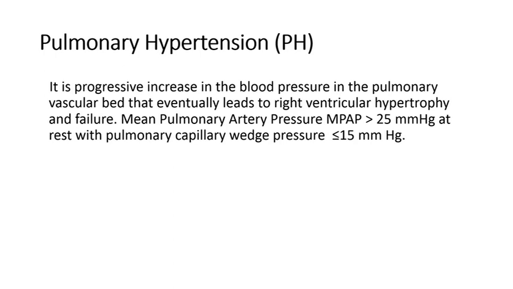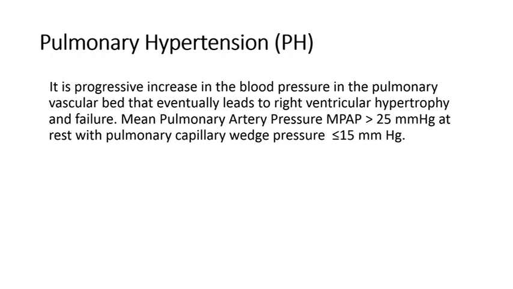If the pulmonary capillary wedge pressure is more than 15 millimeter mercury, this means that there is a pathology in the left side of the heart, either mitral stenosis, aortic stenosis, or increased left ventricular resistance.